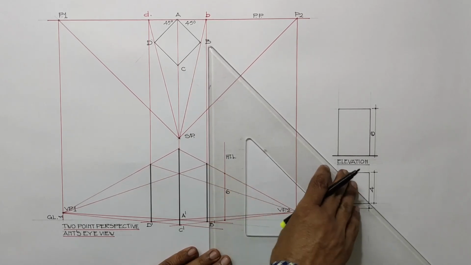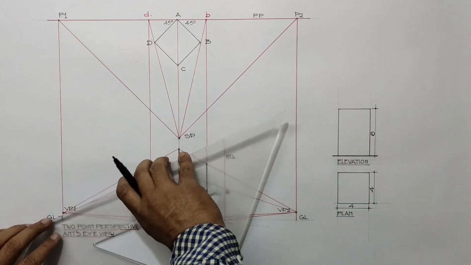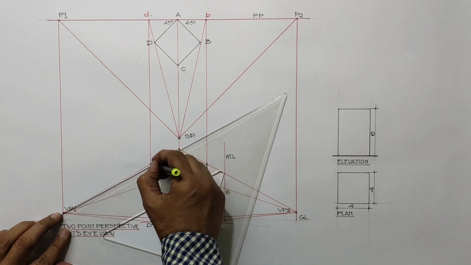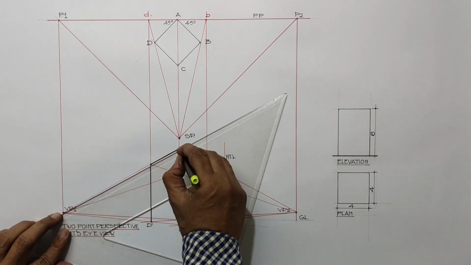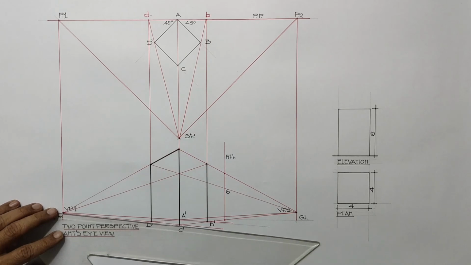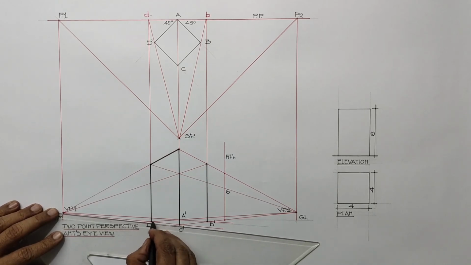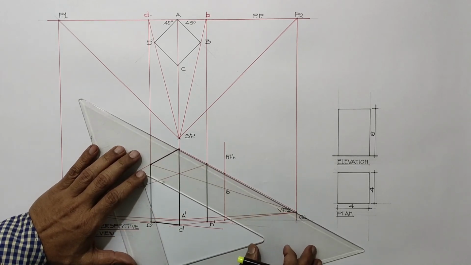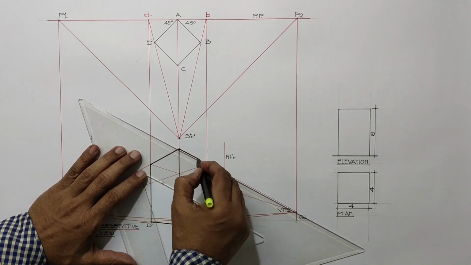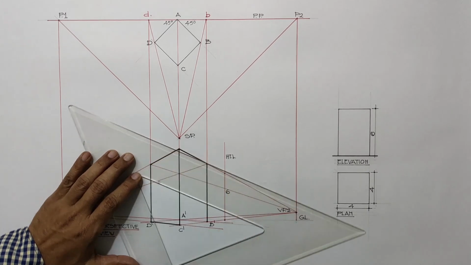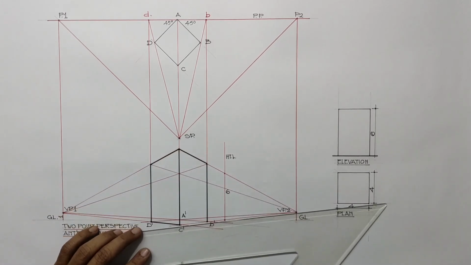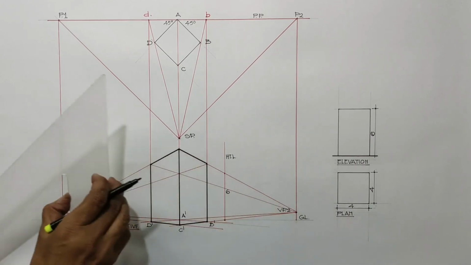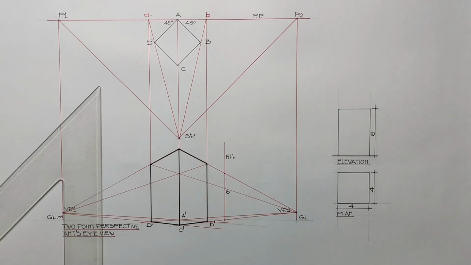Now, from vanishing point 1, the top I will project, I will darken this D and C, the bottom also D dash, C dash. Then, from vanishing point 2, I will repeat the same, C and B top and the bottom C dash, B dash, to complete the view. This completes the view as per the given plan and elevation.